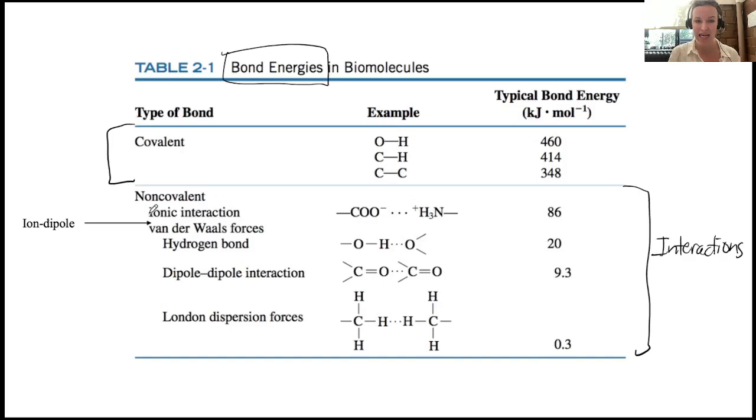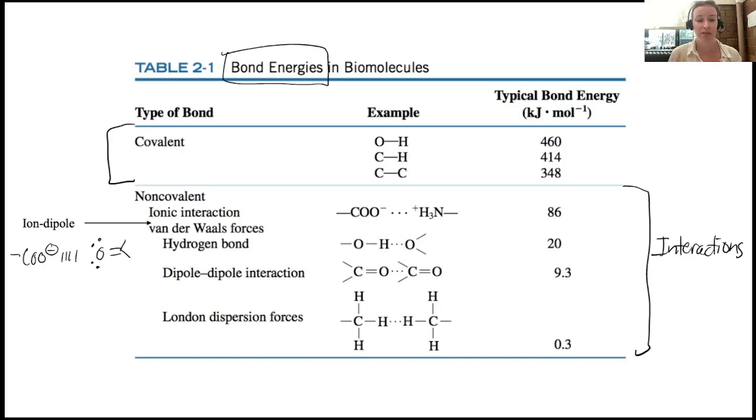So I slide it in right under ionic interaction. An ion dipole interaction is going to look like the interaction between one thing that is charged and one thing that is polar. So for example, we have this carbonyl functional group. That's ion dipole. That is going to be slightly weaker than ionic.